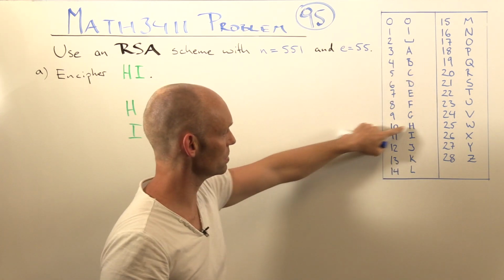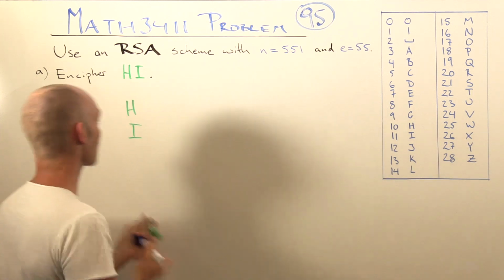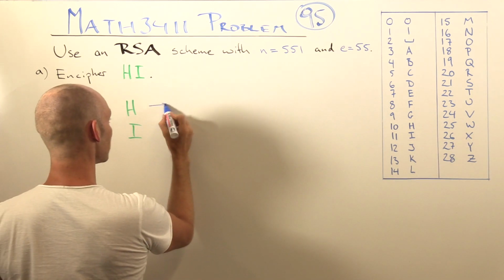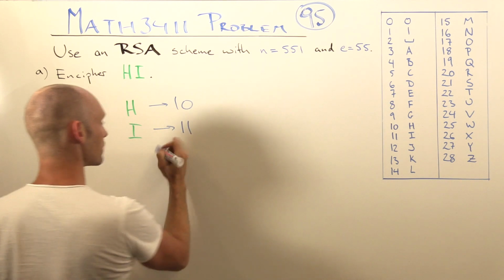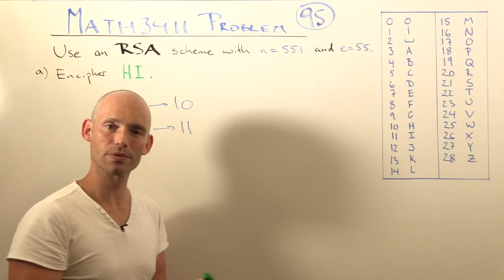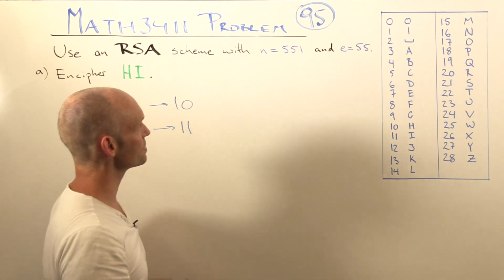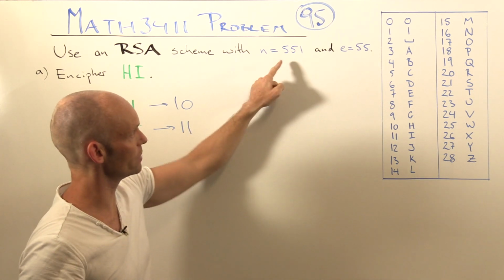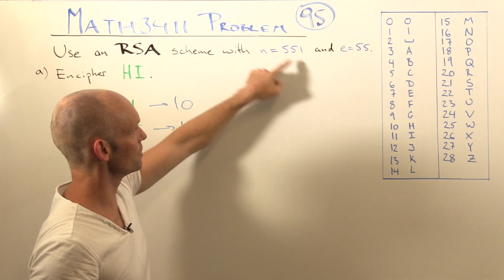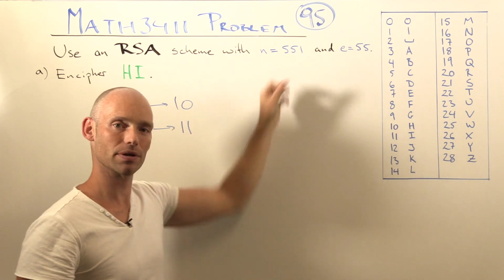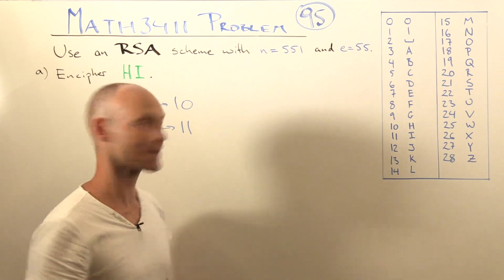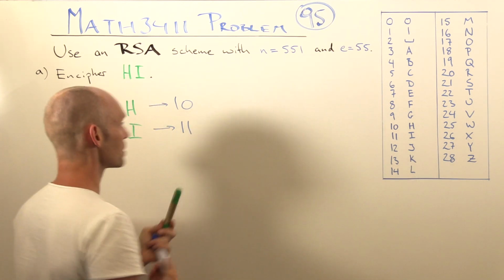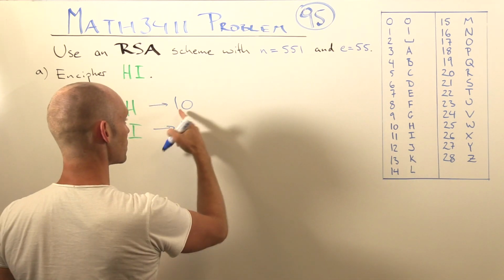The H will correspond to the number 10, and the I to the number 11. Now what we do with those two numbers is use the numbers that we have here. This N is the modulus that we're going to be working over, and E is the encryption exponent that we're going to use.